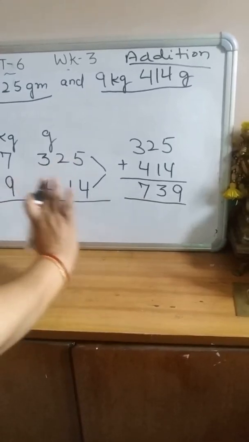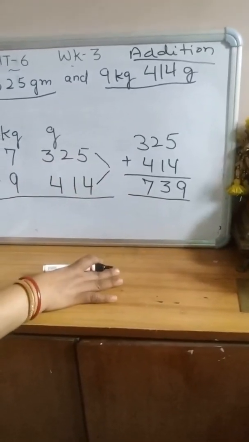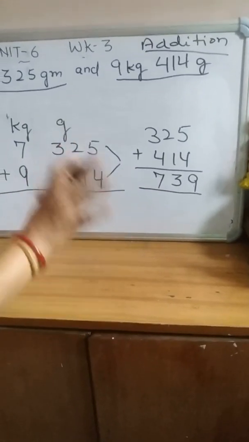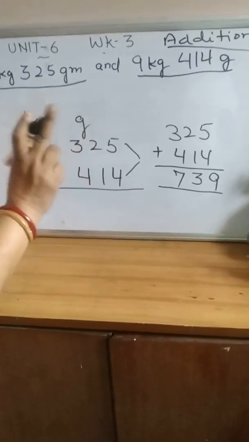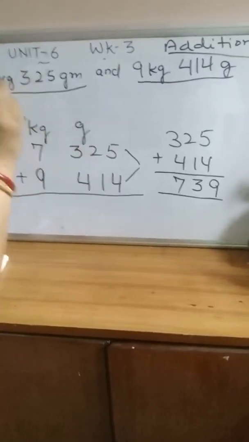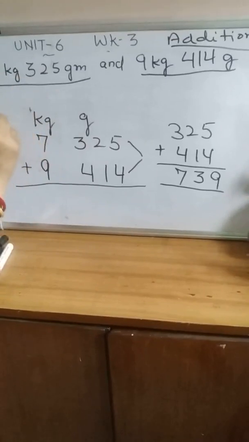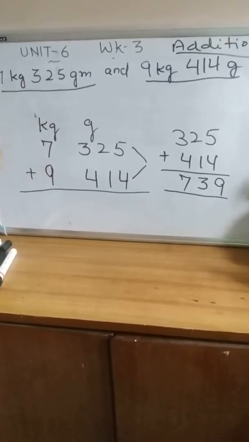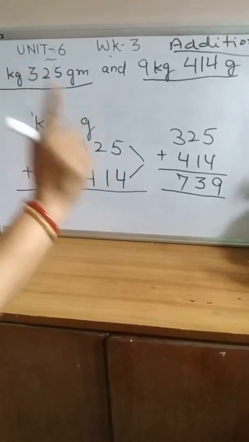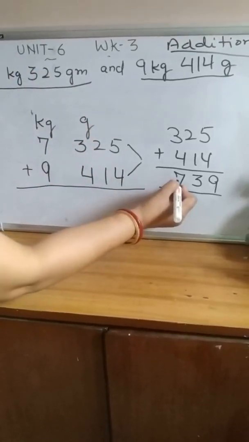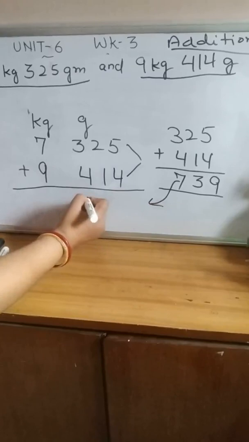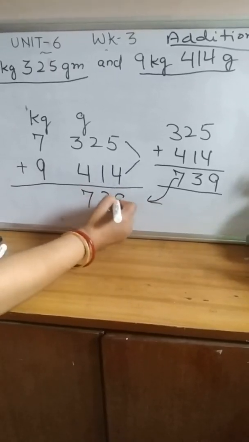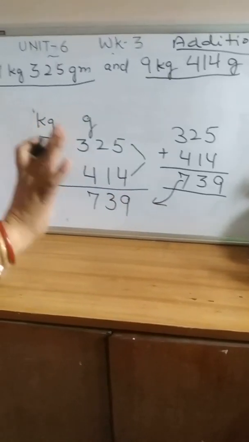So there is no need to split it into 2 parts, right? Up to 999 we can write in the gram column. As soon as it becomes 1000, it becomes a kilogram, because 1 kilogram equals 1000 gram. So I will write this 739 in the gram column. Now there is no carryover question.